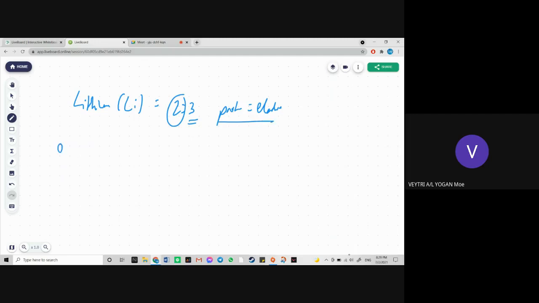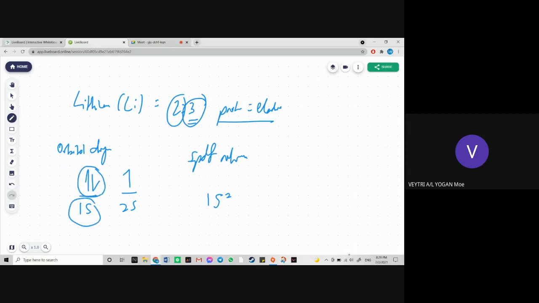Now the orbital diagram literally means 1s, 2s, and there are 3 electrons: 1, 2, 3. SPDF notation literally means 1s2, 1s with 2 electrons, and 2s1, 2s with 1 electron. Don't worry, we'll be learning about it further.